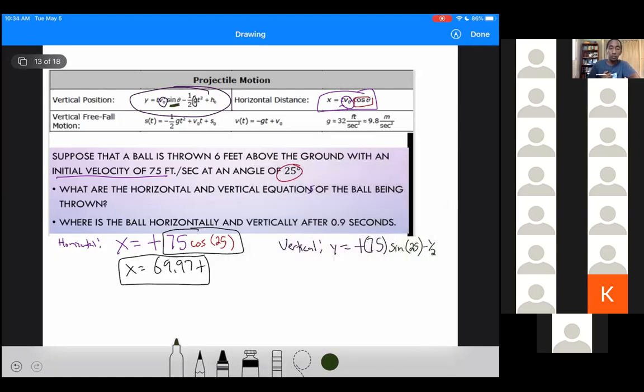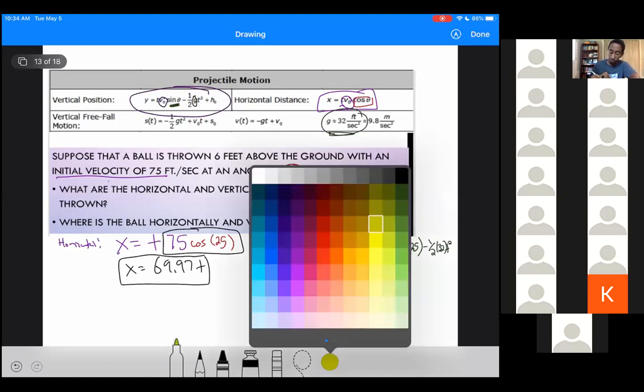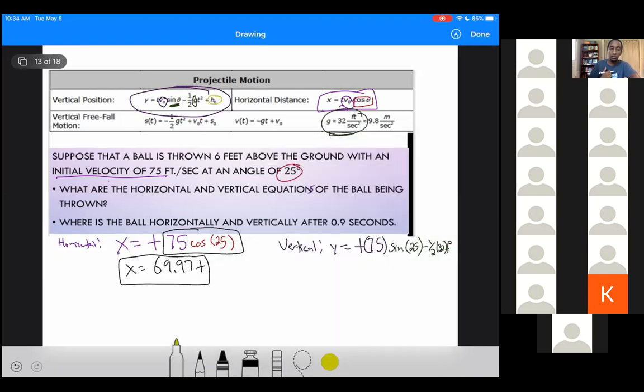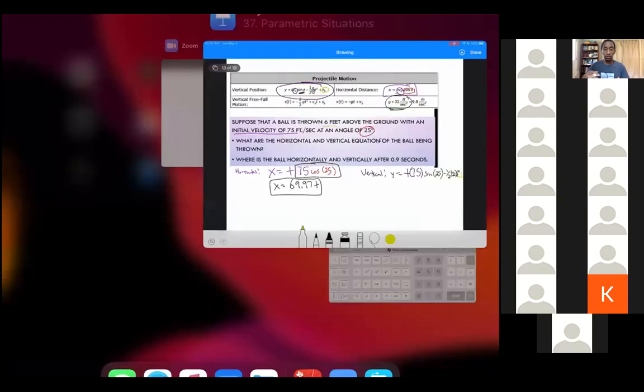That's where you have to determine which g you're using. Because this problem is in feet, which you can see from the velocity in feet per second, we're going to use 32. So 1/2 times 32 t squared, and h0 being the initial height, which for this is 6 feet. So plus 6. And then I would simplify what could be simplified.